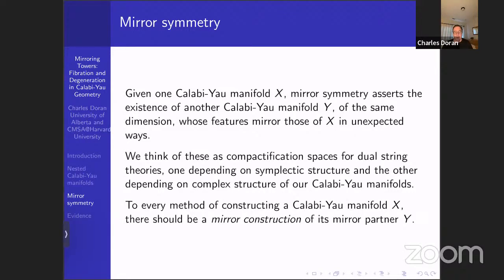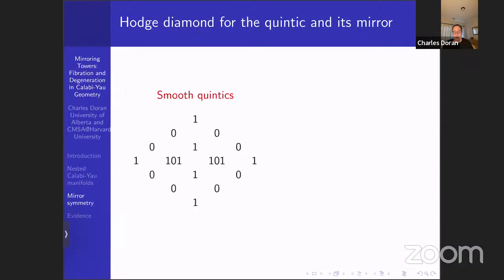So what I want you to take away from what I've said so far is that, in order to study Calabi-Yaus, you basically have to pick a method of construction. And mirror symmetry would then assert not only that to one Calabi-Yau you get another Calabi-Yau, but to every method of constructing a Calabi-Yau, there must be a mirror method of constructing its mirror. Okay, so a mirror construction of the mirror partner.